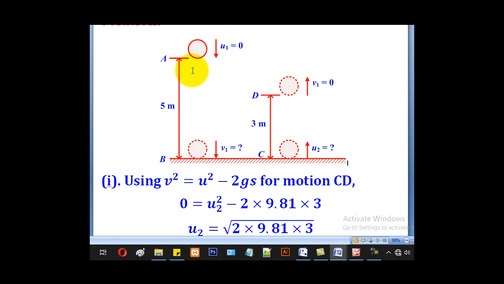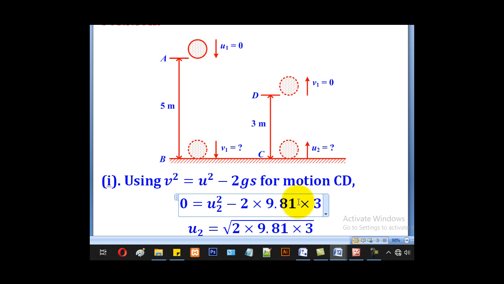So we shall first consider motion CD. For motion CD, when we use the third equation of motion, remember we have v final velocity, which is 0. Initial velocity is what we want. We know the displacement, which is 3. So v squared is 0, u squared is what we want, 2g. Now in A-level physics, g is taken as 9.81.